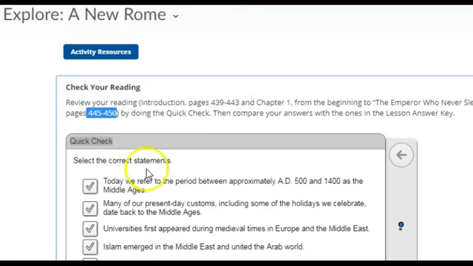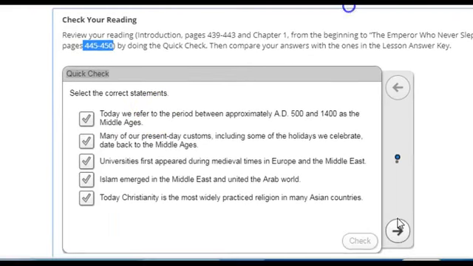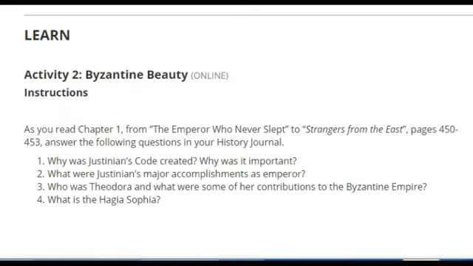Then do this quick check here. And so you'll answer these questions. You're going to select the statements that are true, and you will click check to see if you're right. And there is one more screen. So there's 2 slides of quick check. So make sure that you do both of those. Then you will continue on, and let's open up our student guide.